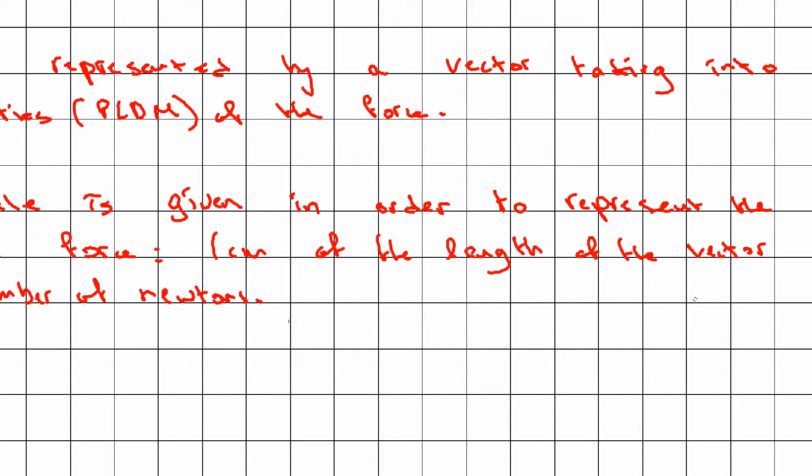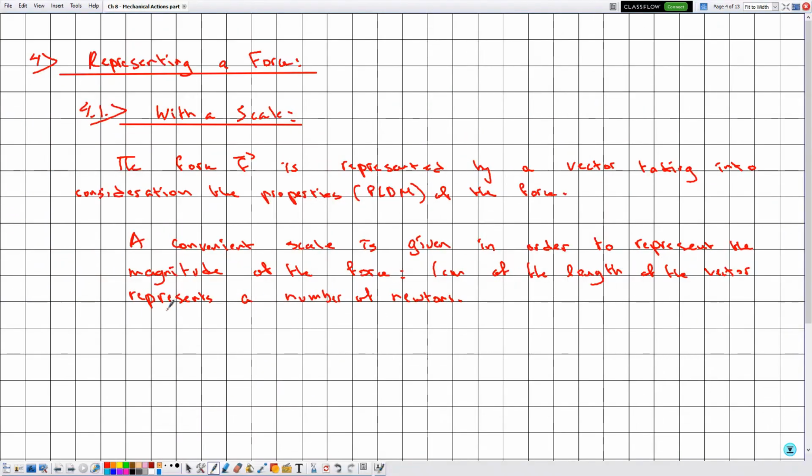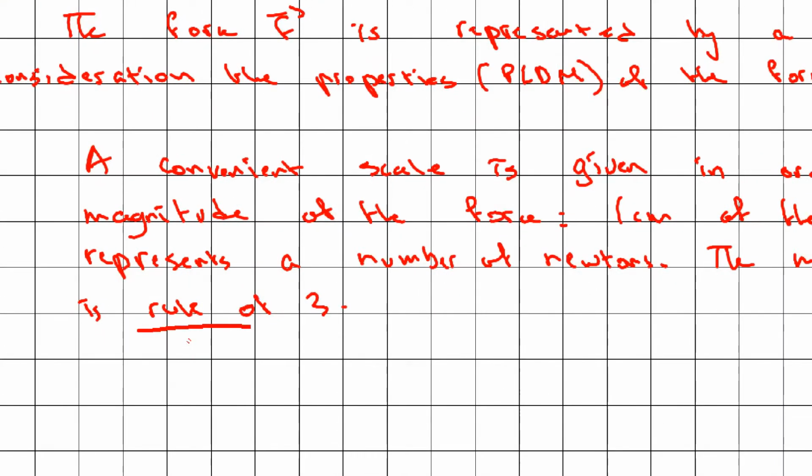Now this statement here is extremely important. Now I will refer to, but let me say also the magnitude is determined using rule 3. Rule of 3, and here the rule of 3 is given by the crisscross.